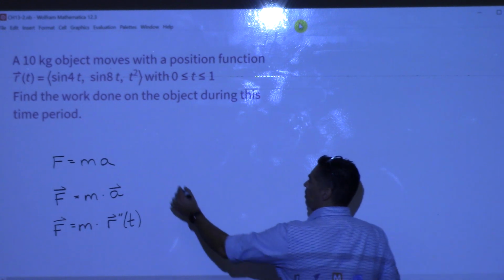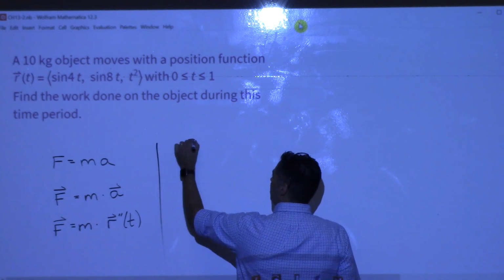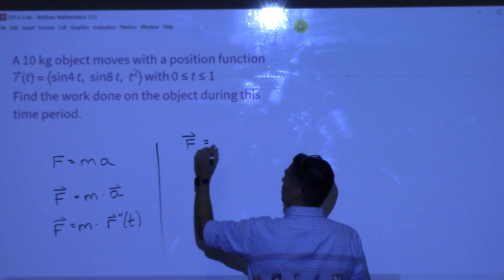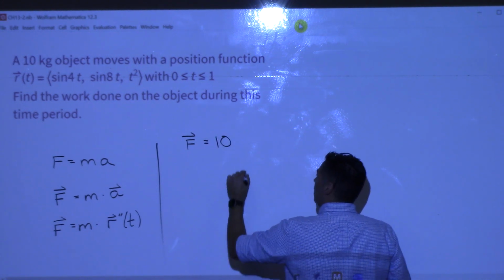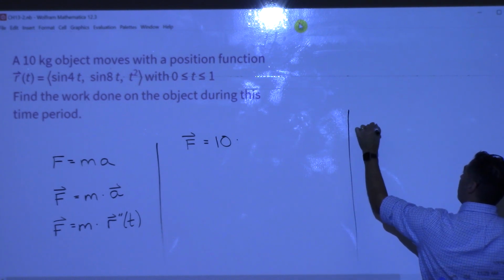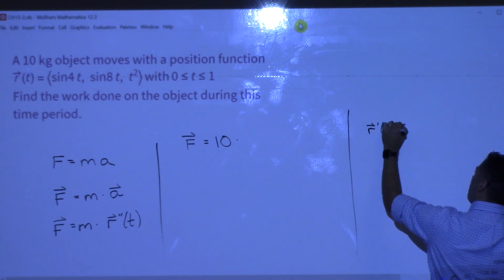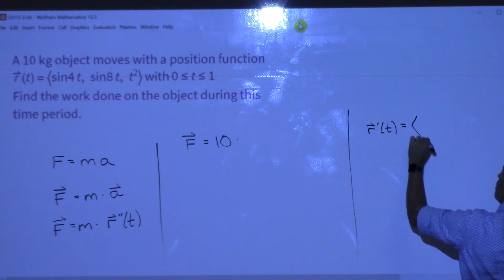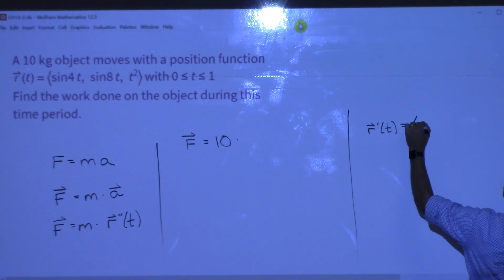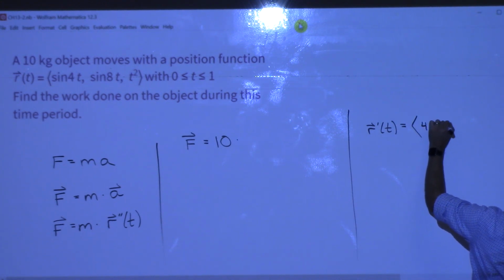So let's compute this field. For us, this field will be the mass, which is 10 kilograms, times, all right, now we need a derivative. I should have done that first. We need a second derivative. What's r prime of t? Careful with things here. Derivative, not anti. 4 cosine 4t.